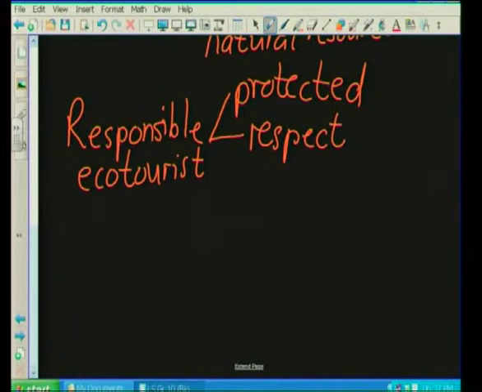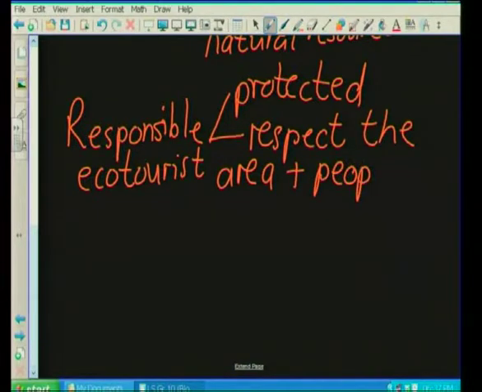Right, so we have to respect the area, all right? We have to respect that specific area, or any area that we go and visit. We have to respect the area, and we have to respect the people that live in that area.